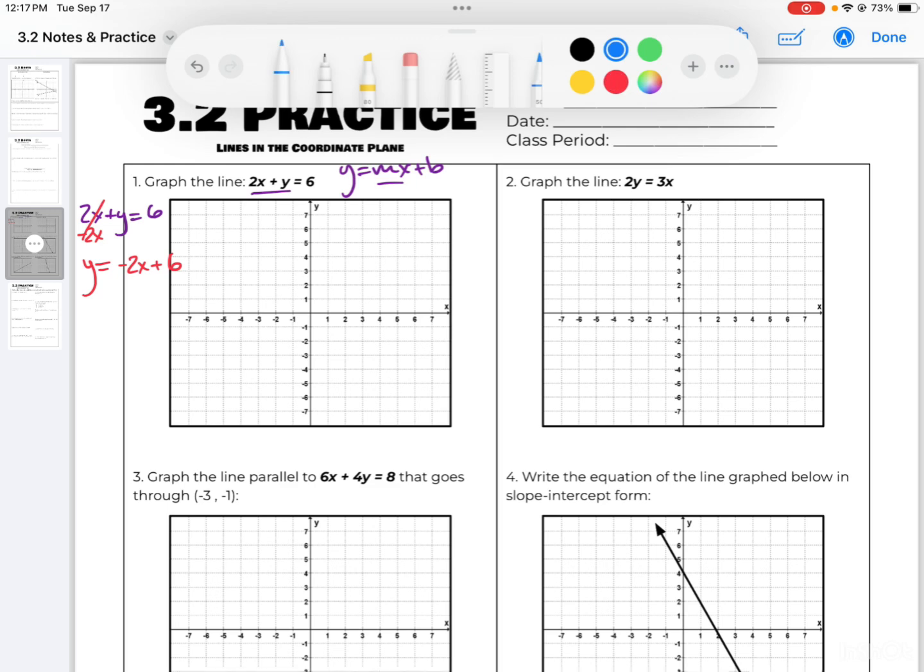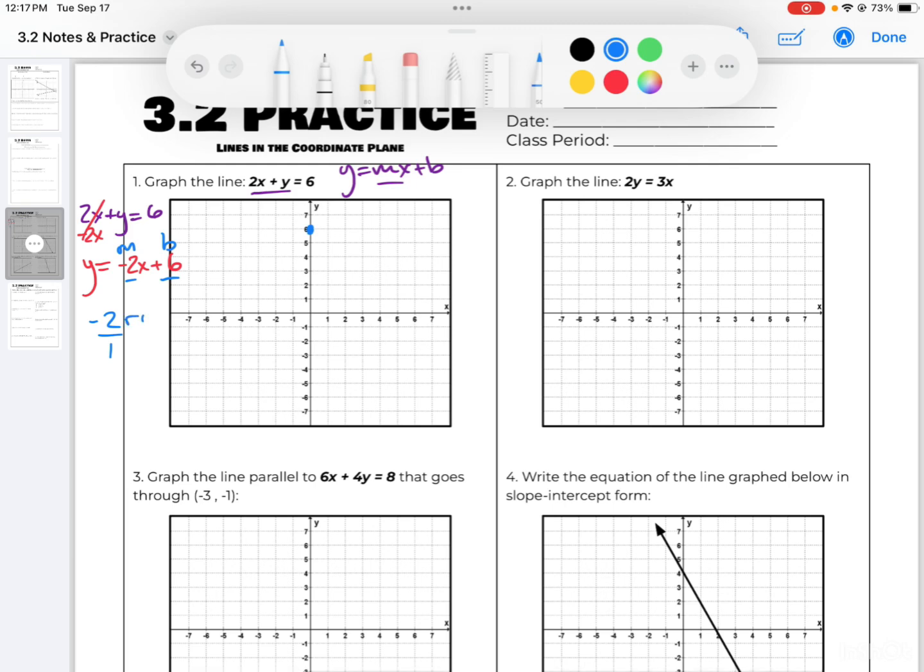And then if you remember, the slope is right there, m, and the y-intercept is right there, y equals mx plus b. So how would I graph this? The y-intercept is at positive 6, so I would put that right on the y-axis. And then my slope's negative 2, which if I wrote that as a fraction, I could write it as negative 2 over 1.